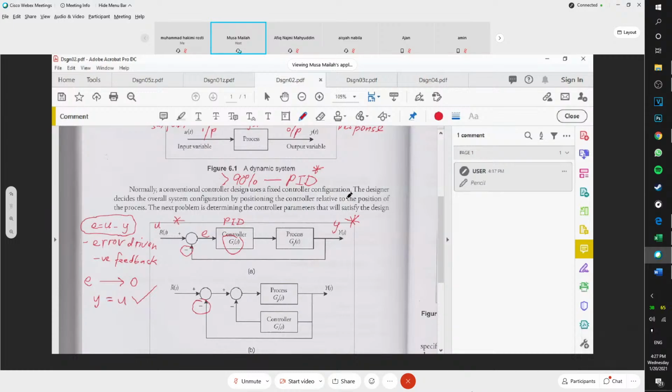Why is PID common? Yes, that's a very good question. Because it is reliable. It is cheap. Don't say cheap, less expensive. It is relatively robust.